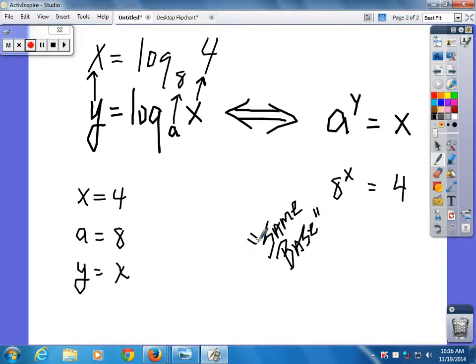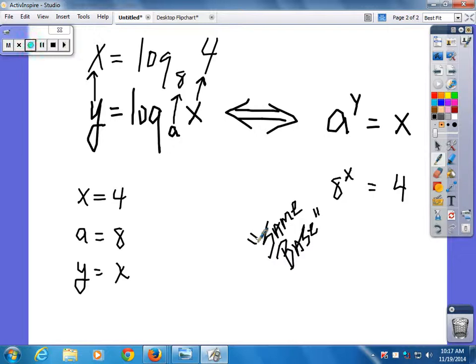That's the first thing you should think of. Why? Because you have a variable in the exponent. Can anybody tell me how to get an exponent down? Hard to do. Oh yeah, just take the x root. Well, that don't help you at all, because the x root, you don't know what x is. So you think of the same base.